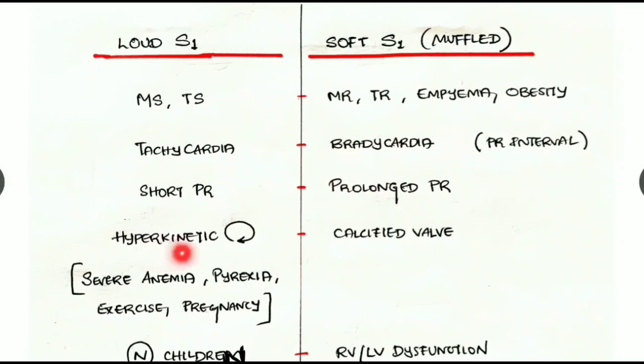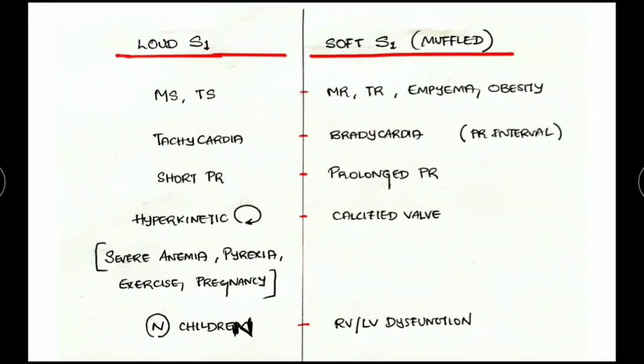In hyperkinetic circulation, seen in severe anemia, pyrexia, exercise and pregnancy, the heart sound S1 is louder, whereas in calcified valves this S1 is softer. A loud S1 is normal in children, and in right ventricular or left ventricular dysfunction, the S1 is softer.